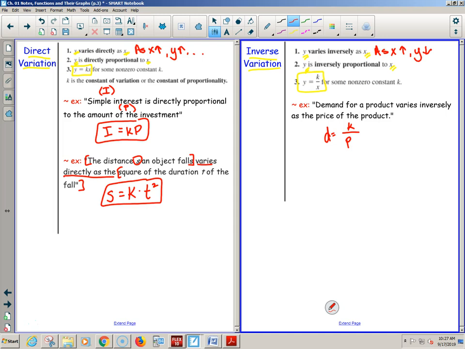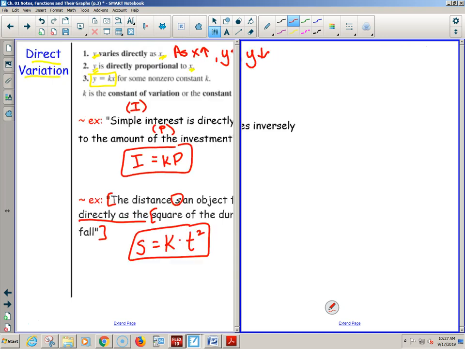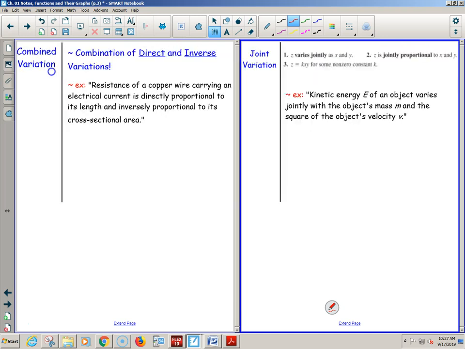Anyway, long story short, just a broad look at what's going on, direct versus inverse, no big deal, right? But we have two more variations, and the crazy thing is they're not new. They're different ways of putting together this direct and inverse thing. There's lots of ways variables can be related, but in this section, pretty much direct or inverse or some combination of the two, or joint variation.